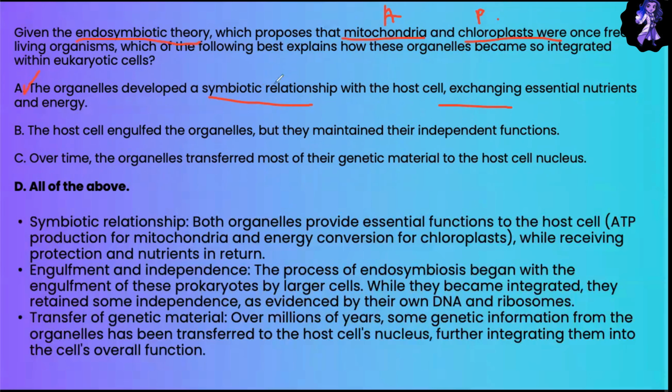However, remember, we said that mitochondria has its own DNA maintained from mother. And so that's what this statement is saying. You know what? The mitochondria, yes, was engulfed, and that's what the endosymbiotic theory is, but it's very independent.